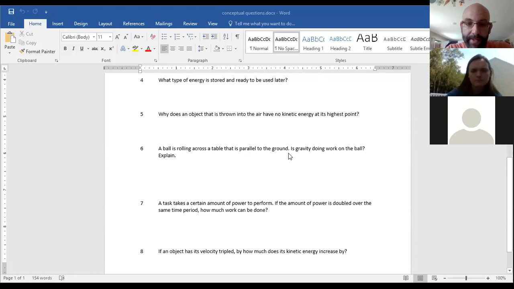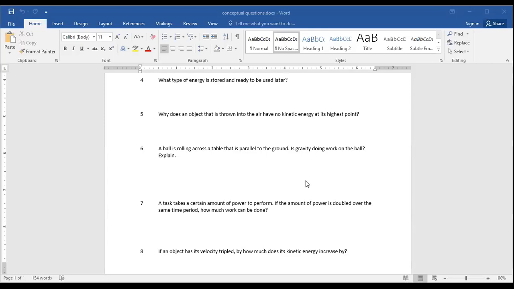Number 6, a ball is rolling across a table that is parallel to the ground. Is gravity doing work on the ball? Explain. Gravity is not doing work on the ball. The reason is because the table is parallel. So we have something like this. Here's your table, here's the ball, say the ball is going this way.